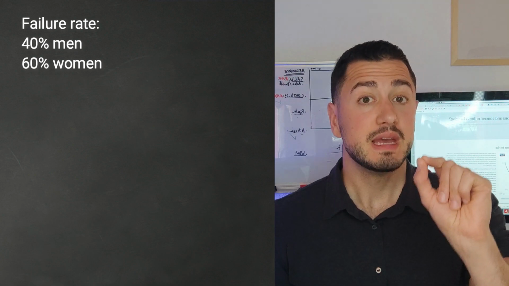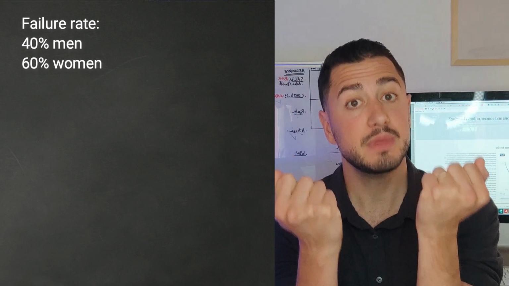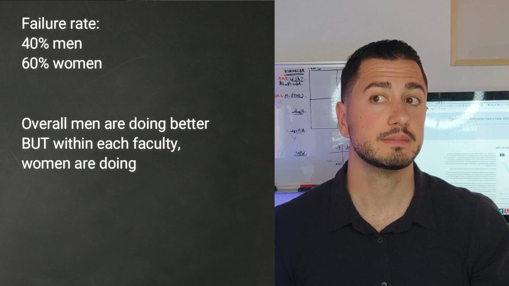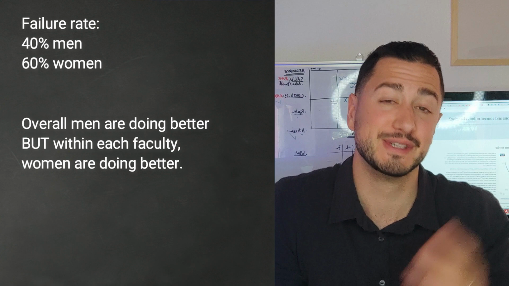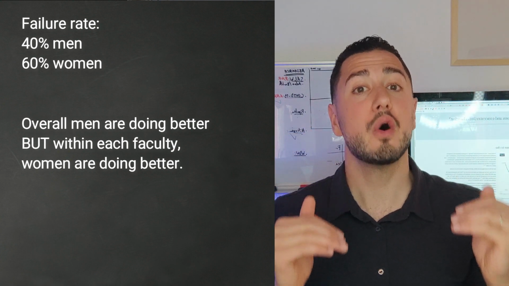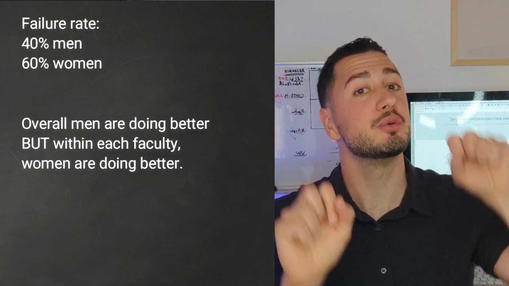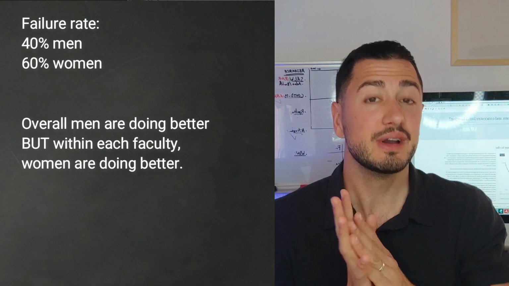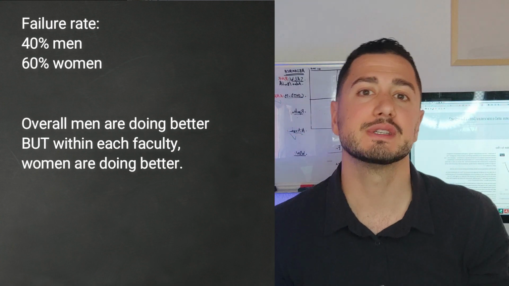And actually, if you look at the failure rates in finance and in political economy, women are doing better in both. And those two things can be true together because of what the mean is doing. You can have women with a lower failing rate in both subgroups, political economy and finance, but when you aggregate together, it seems that they are doing worse.